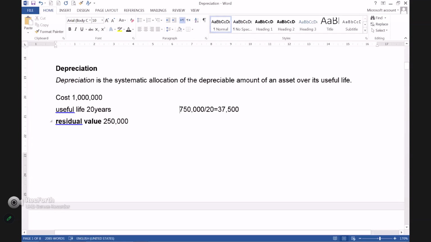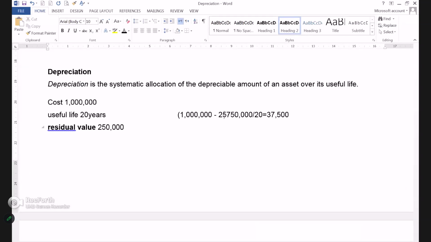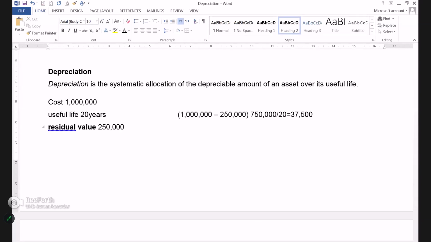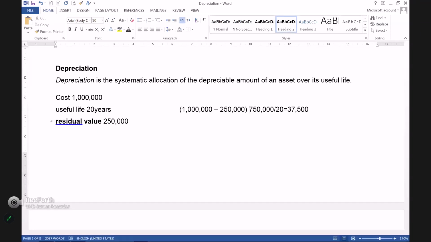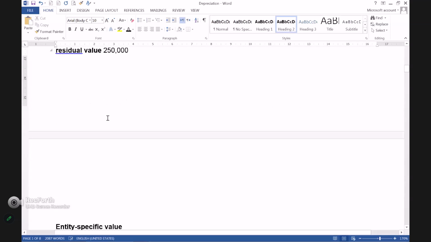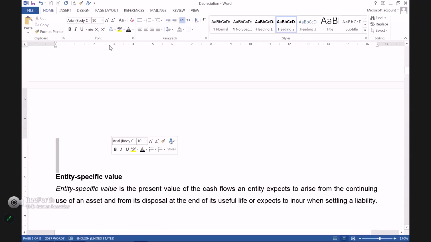Why 750,000? The cost 1 million minus 250,000. This depreciable amount divided by useful life gives the depreciation of 37,500. So this is the calculation of the depreciation.